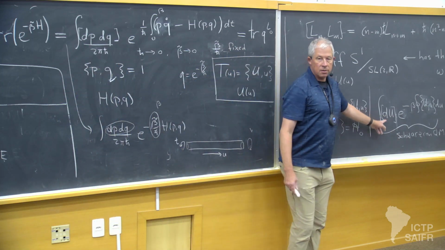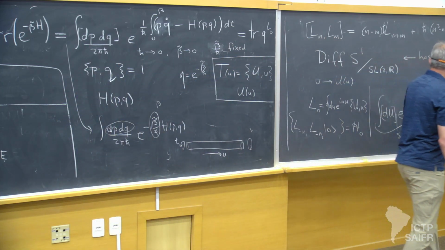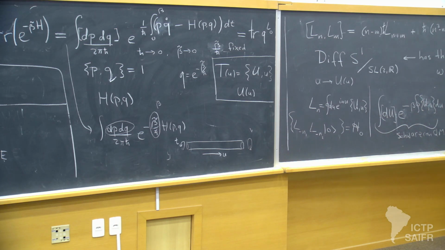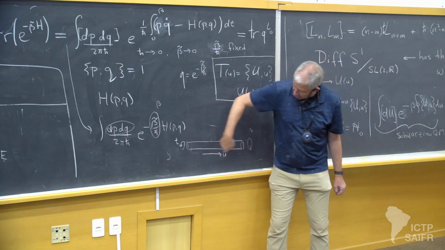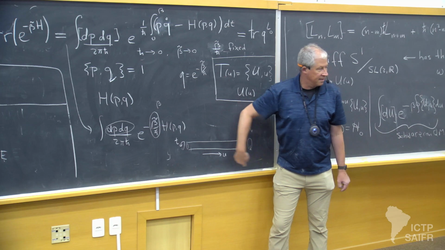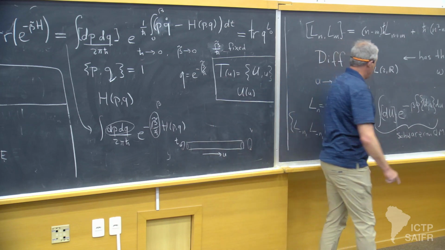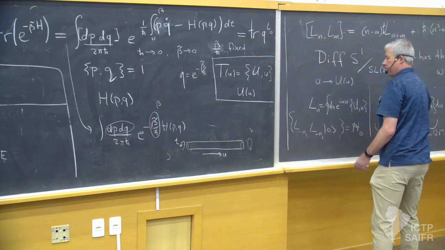This path integral also looks like a trace over a Hilbert space, and I wrote it like this as Z of beta. This is indeed also another trace over the Schwarzian quantum mechanics of e to the minus some beta times the Hamiltonian of the Schwarzian quantum mechanics. But this trace here is taken in this direction, because the periodicity here is along the Diff S1. Diff S1 sits in this direction.